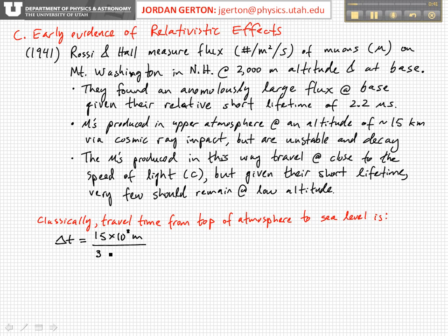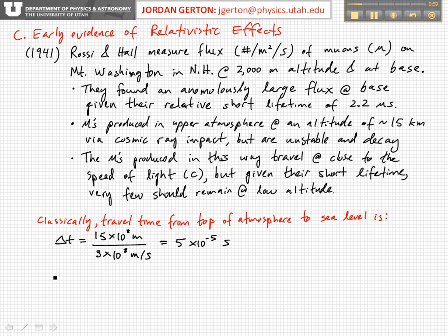So we'll just approximate that with the speed of light. That'll be an estimate. And so this is 5 times 10 to the minus 5 seconds, or 50 microseconds.